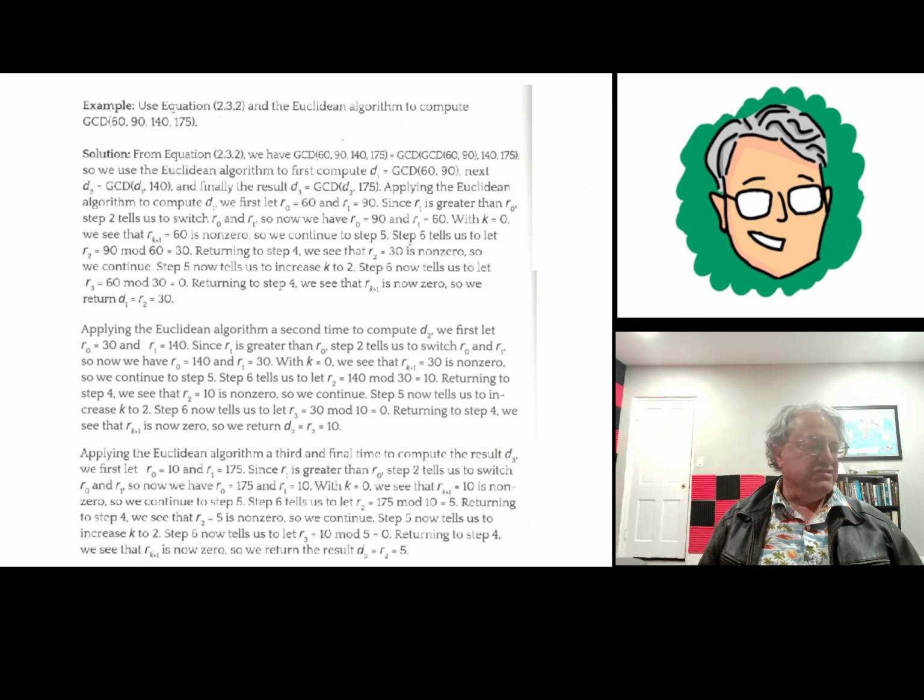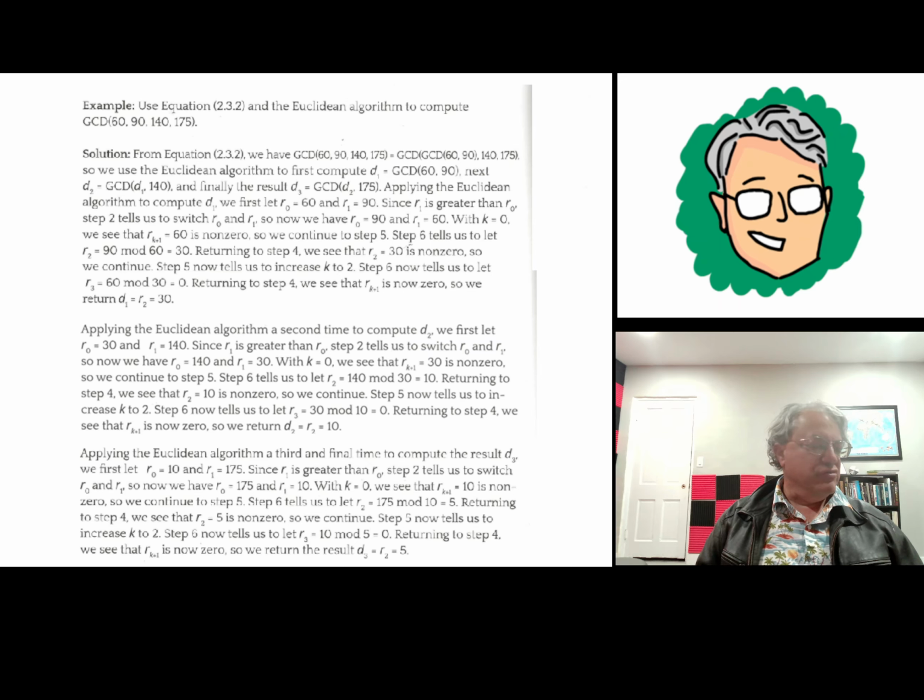So now we have the GCD of 90, 60, and 35. Again, it's usually a good idea to start with the biggest ones first, so let's do 90 and 60 first. 90 divided by 60 gives you a quotient of 1 and a remainder of 30, and then 60 divided by 30 gives you a quotient of 2 and a remainder of 0. Therefore, the GCD of 90 and 60 is 30.